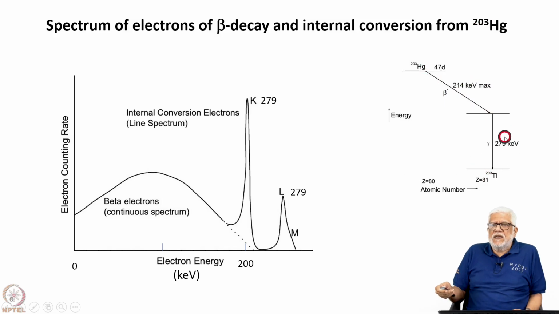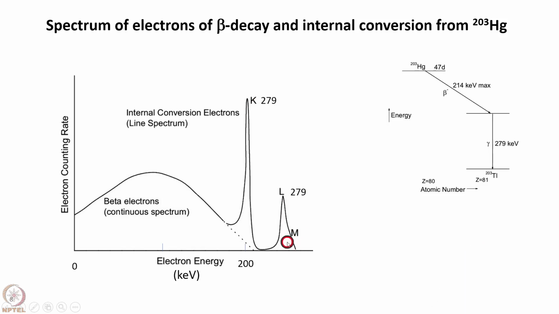So, that can both emit a gamma ray as well as a conversion electron, and so if you looked at just the electron spectrum, then you would have beta decay electrons limited to about 214 keV, but you would have K conversion electron peak riding on that. The L binding energy is smaller, so that goes actually beyond the endpoint energy of the beta decay, and then the M is a small shoulder on this L conversion electron part of the spectrum.